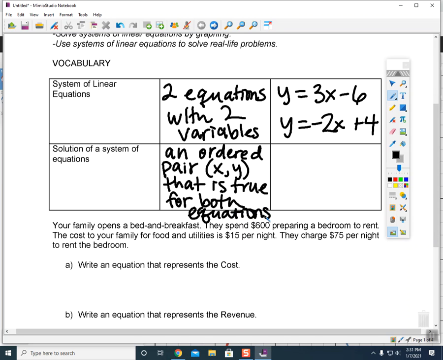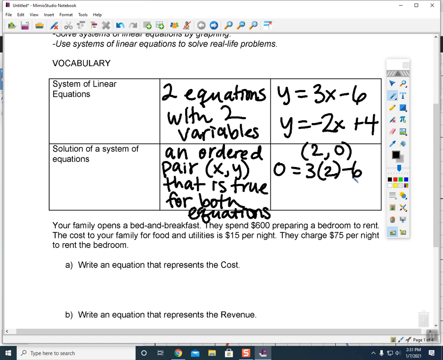Okay, so we said that the solution to this one was the point 2, 0. I can check that by plugging those numbers into my equations and seeing if it's true. My y value is 0, my x value is 2. So I would have 0 equals 3 times 2 minus 6.